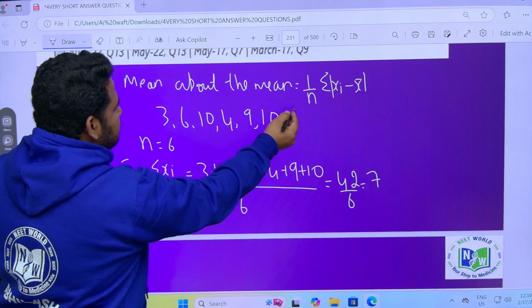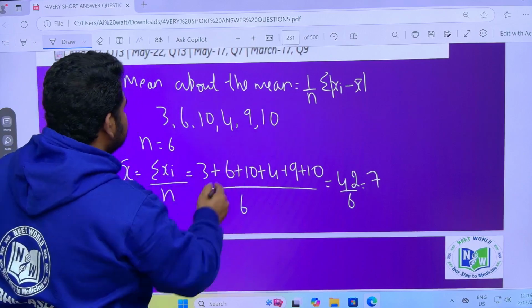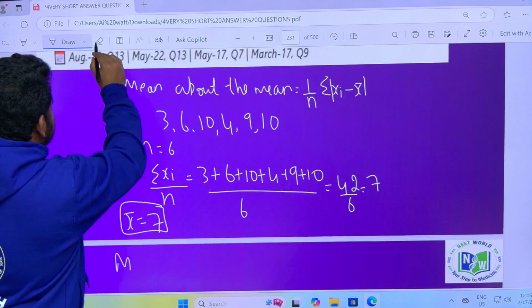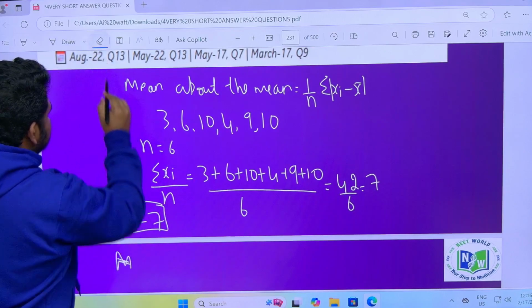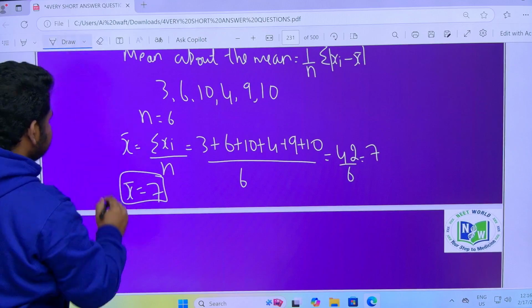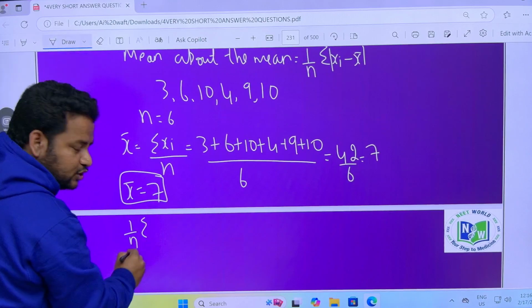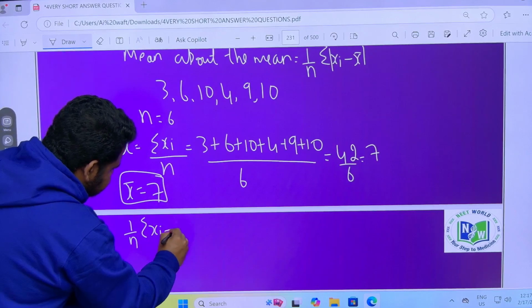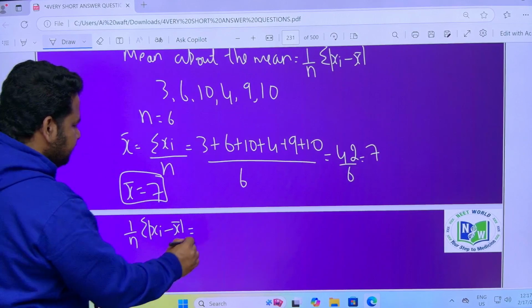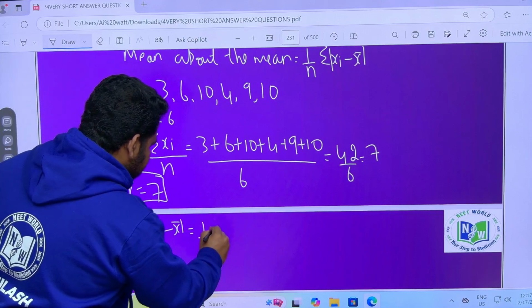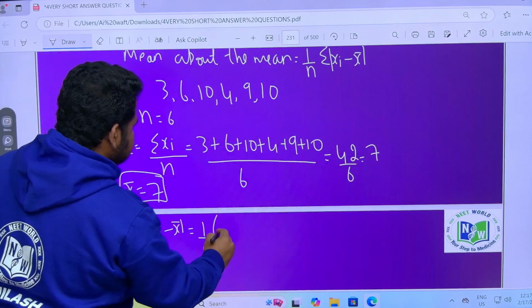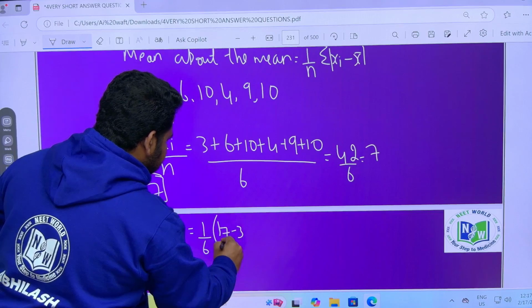Now we have to find the mean deviation about the mean. Let us write the formula. Mean deviation about the mean is given by 1 by n summation of modulus of xi minus x bar. Here n is 6. So let us write it like this: xi minus x bar, so 7 minus 3.